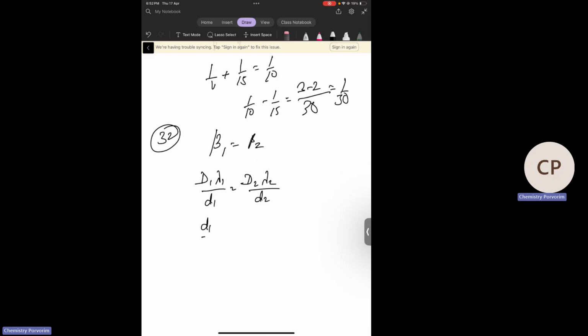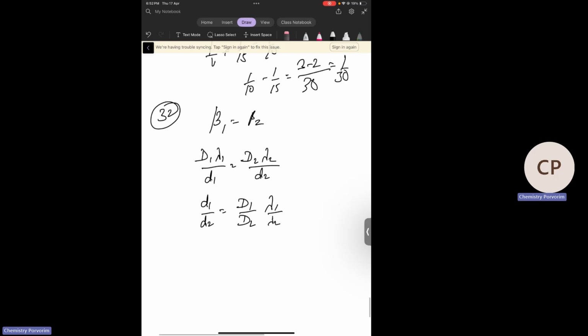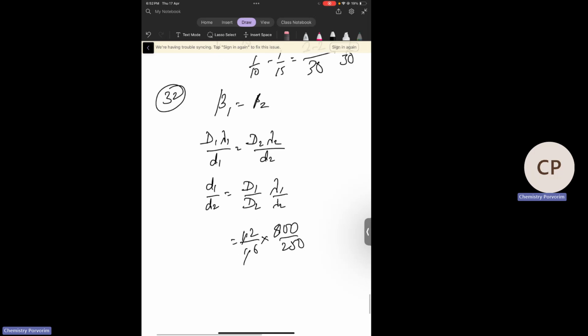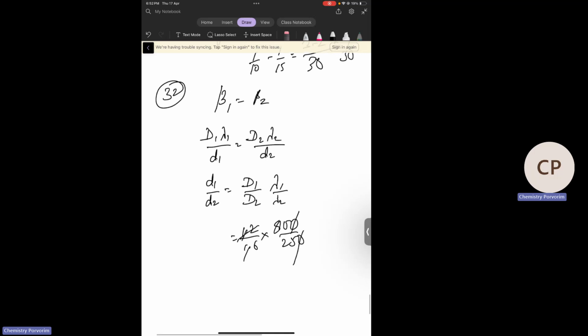So we need d1 by d2 is equal to D1 by D2 times lambda 2 by lambda 1. 1.2 by 1.6, 800 by 250. Option C.